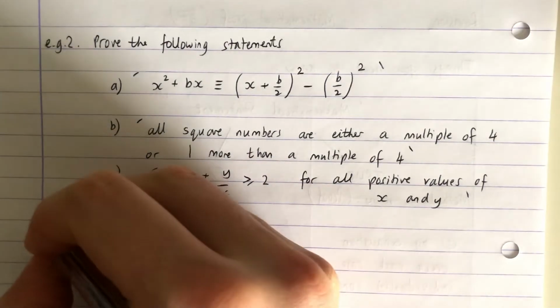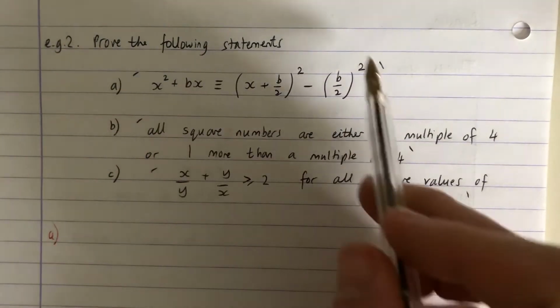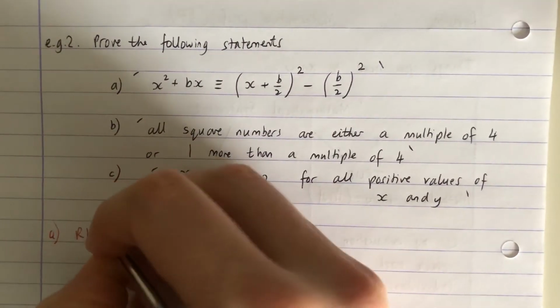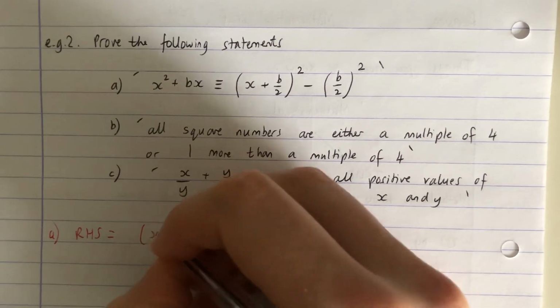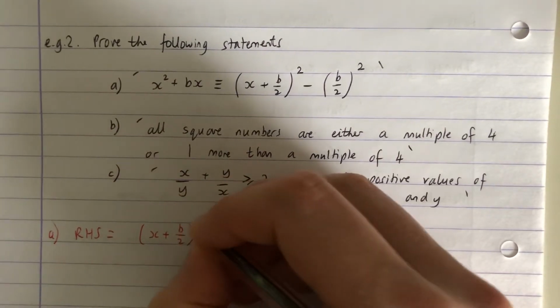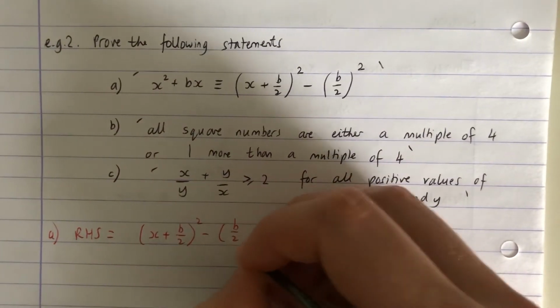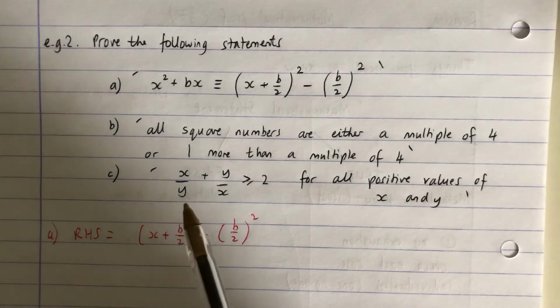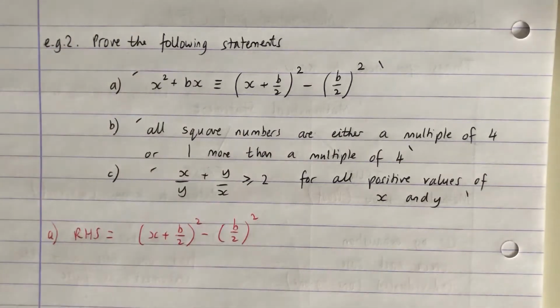So I would think the right hand side is the more complicated looking side. So the right hand side looks like this. And now I'm going to apply logical mathematical steps until I get the left hand side.